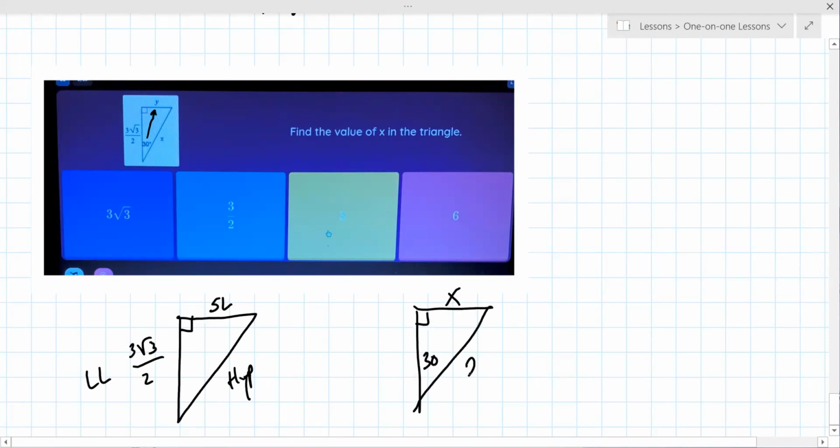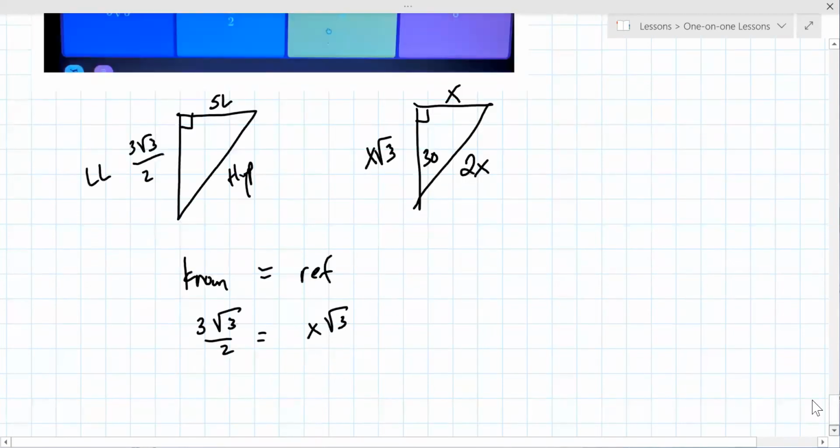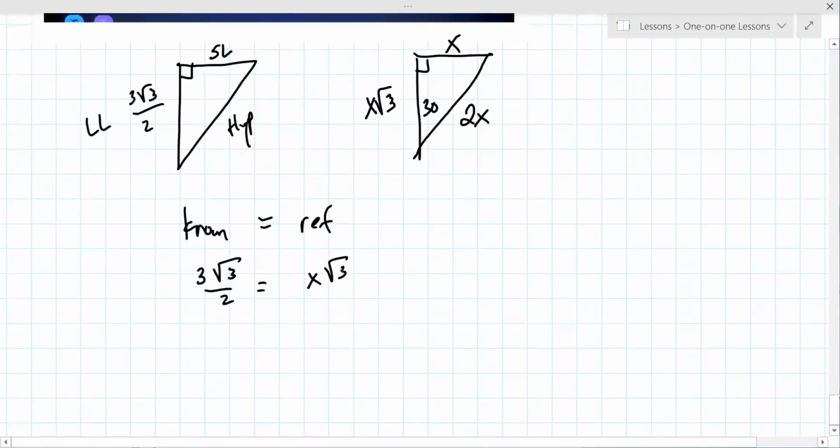The hypotenuse is double it. The long leg over here is x square root 3. So what you always do is you always set the known equal to the reference. So in this case, your known is 3 square root 3 over 2, and that equals x square root 3. So the square roots of 3 just cancel out when you divide by them, and you get 3 halves equals x. But that's not the answer.